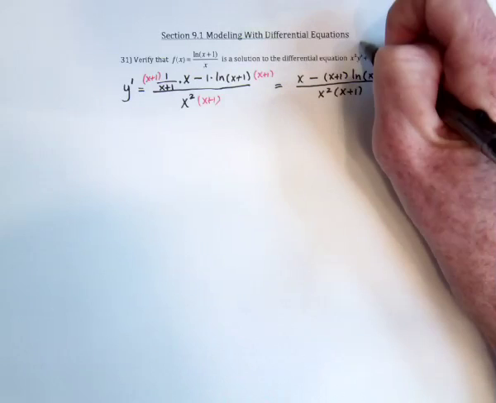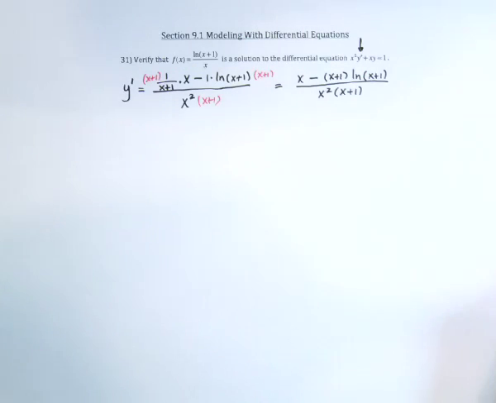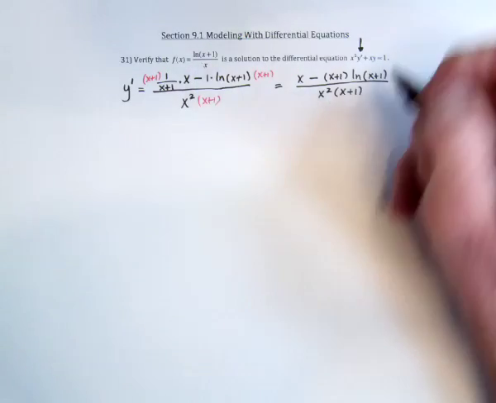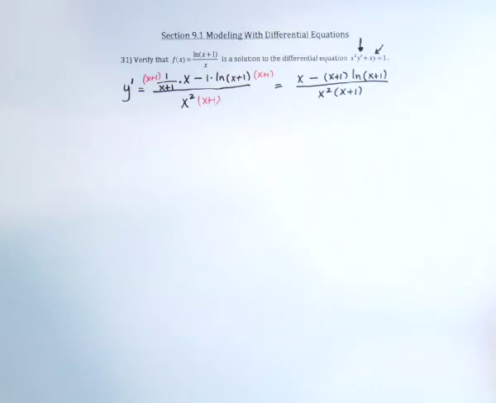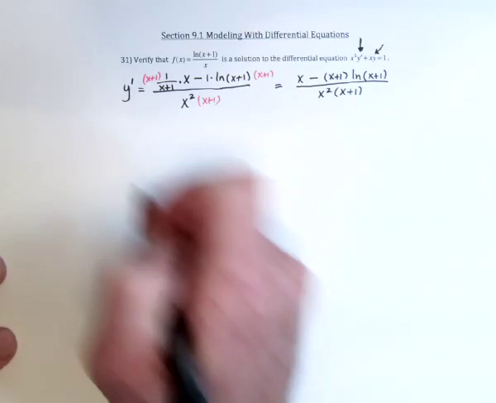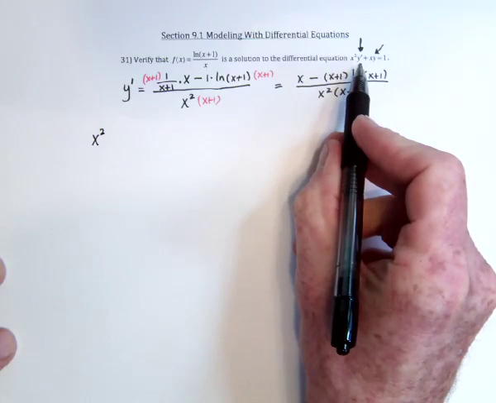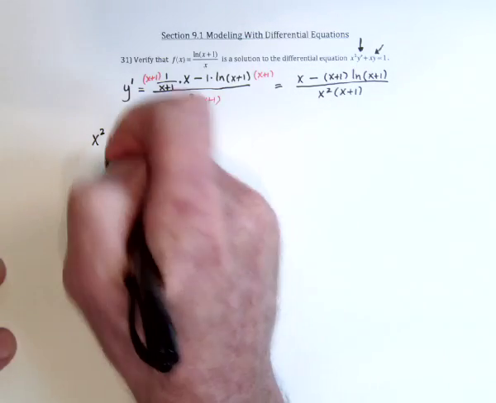Okay, so we're going to substitute that fraction in for y prime. Take the original function, which is y, and substitute it in for that y right there. And then do the algebra, and supposedly everything's going to cancel and just leave us a 1. That's going to be interesting. Let's see. So x squared gets multiplied with the y prime, so that's this guy.